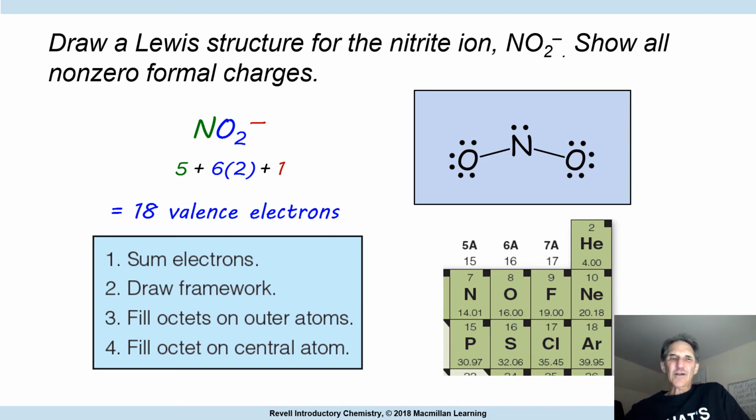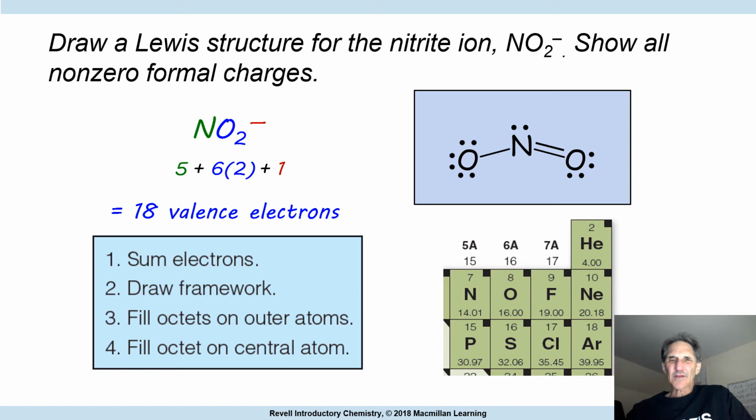Okay, so now let's consider the octets of the outer atoms. 2, 4, 6, 8. 2, 4, 6, 8, that's fine. 2, 4, 6. Okay, nitrogen does not have its octet. Something has to change. And we also are not showing where the minus sign is.